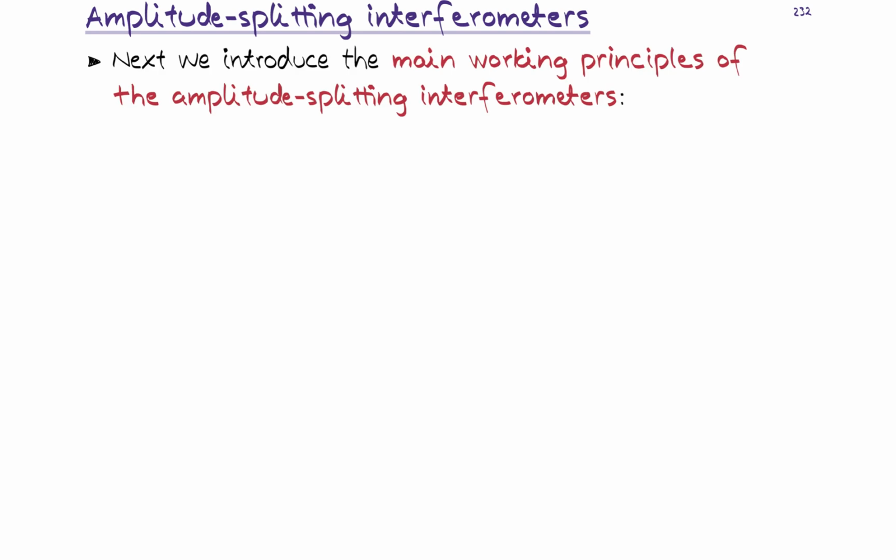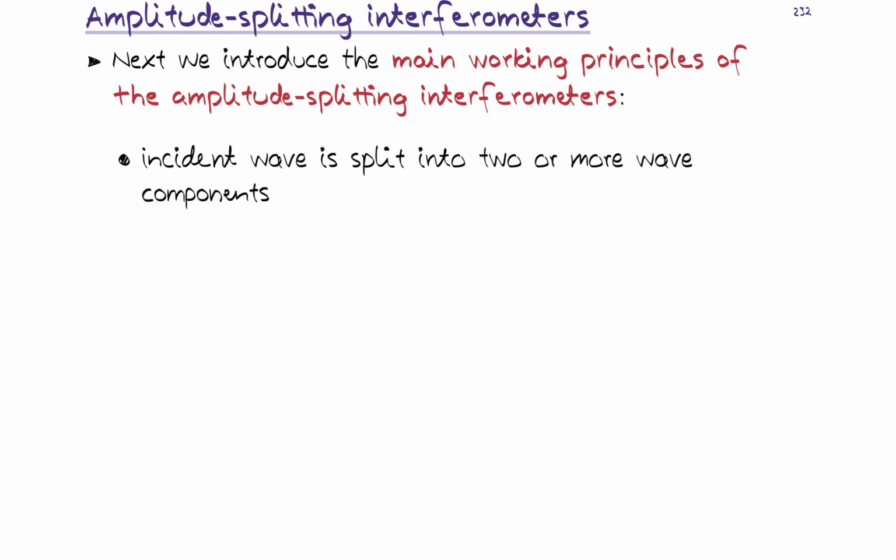So, amplitude-splitting interferometers, and now I will try my best to explain what are these other type of interferometer class known as an amplitude-splitting interferometer. And it sounds awfully obscure, but basically what happens is that we have an incident wave, and we think that this wave is being split into two, and this is in fact what happens in these types of interferometers, or more components.